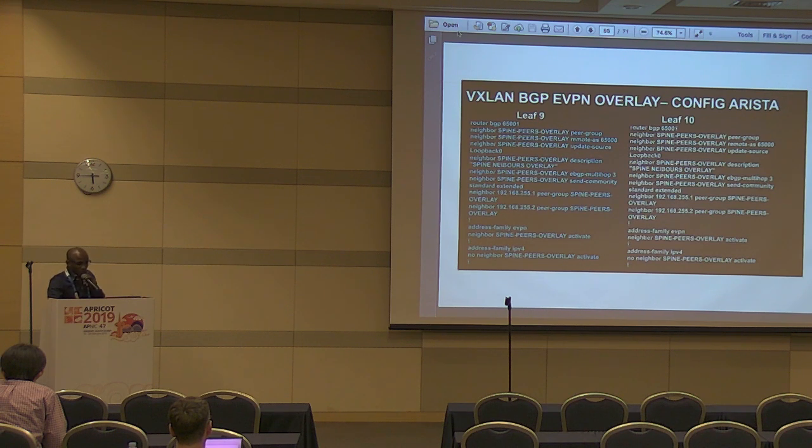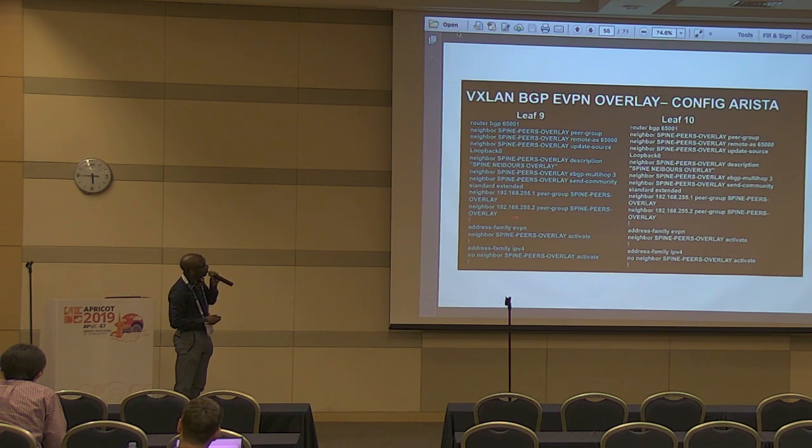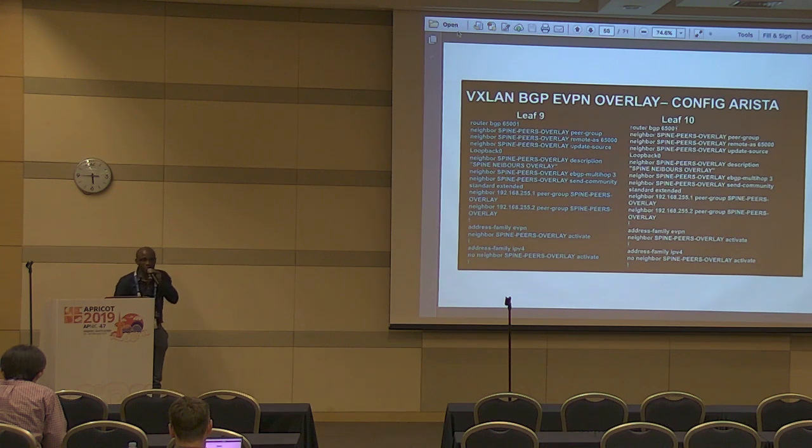This is the leaf configuration. Again, it's similar to the spine, with the leaf overlay configuration just pairing to the spine loopback addresses, and again activating our EVPN address family.